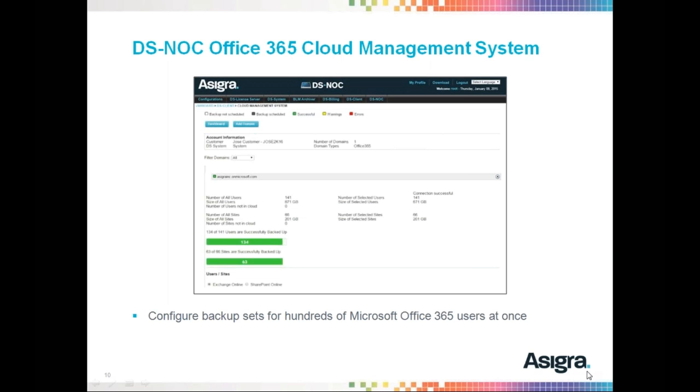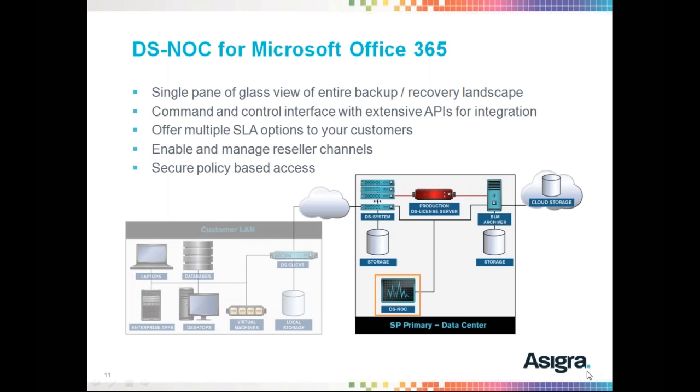As you know, the DS-NOC, single pane of glass for the entire backup and recovery solution, has a lot more functionality than just for Office 365. It is a command center, allows you to monitor the different Asigra components, CS system, billing, all the DS clients. Has a real-time backup status window where you know when all the backups have run, whether they ran successfully, whether they have had any errors or warnings or did not run.